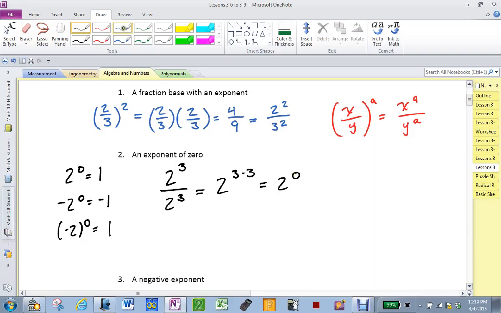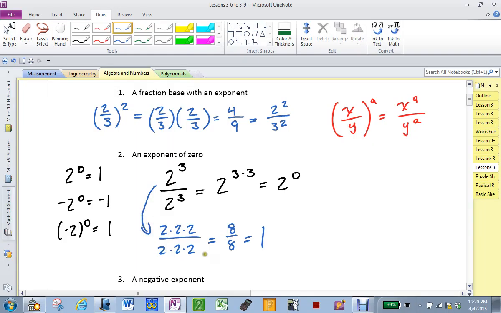Great. What is 2 cubed? 2 times 2 times 2, over 2 times 2 times 2, which is 8 over 8. What is 8 divided by 8? 1.